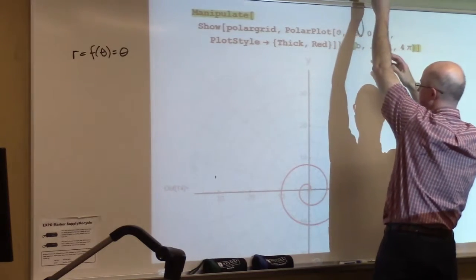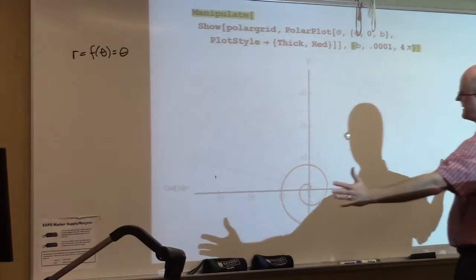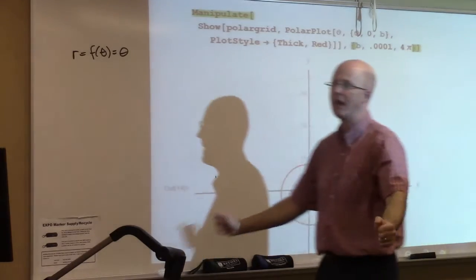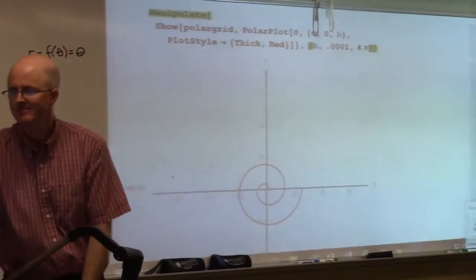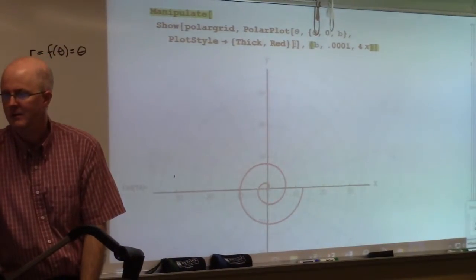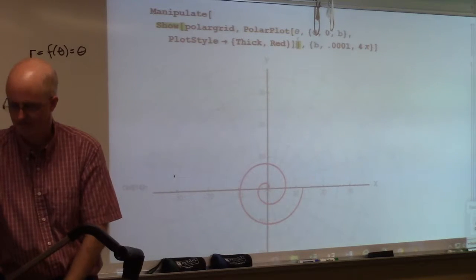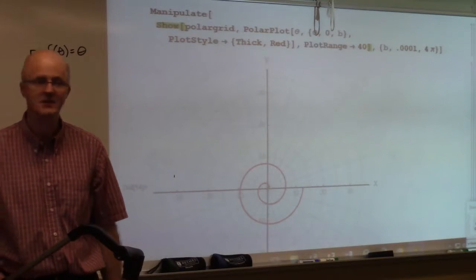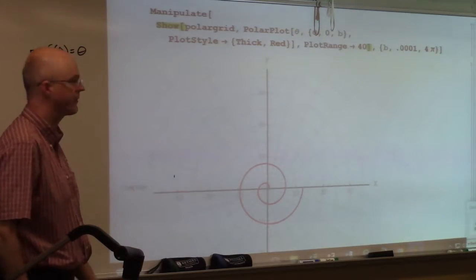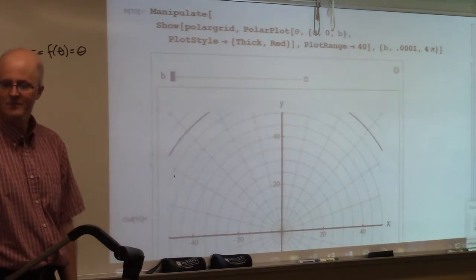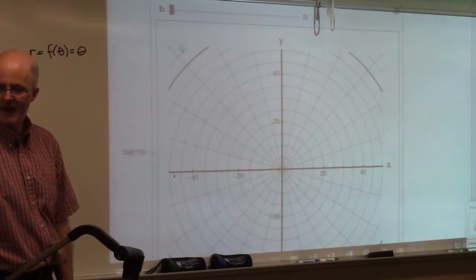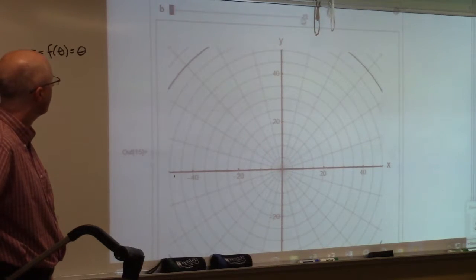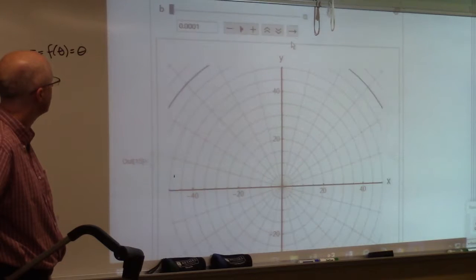If I want to see the entire graph the whole time in this window, I better do plot range. I can do it outside the polar plot, but inside the show. If I do a 40, that should go negative 40 to 40 in both directions. Ignore the outer bluish line there. Focus on the graph that you're going to see moving here.